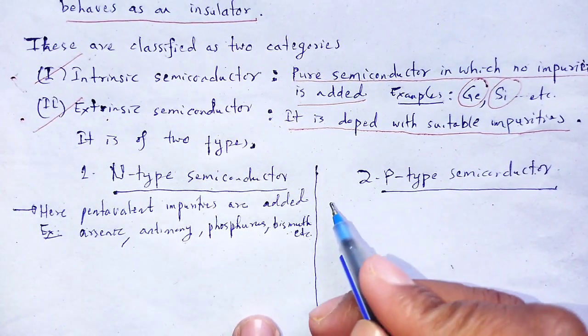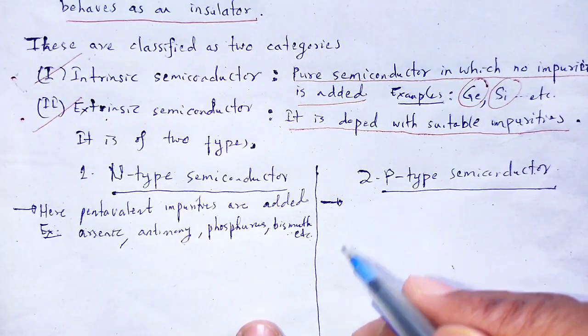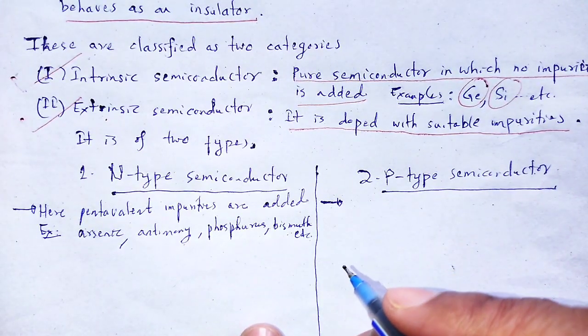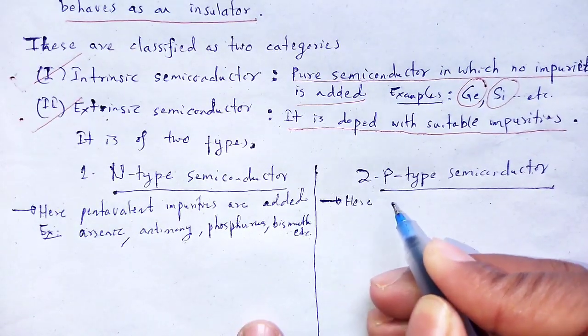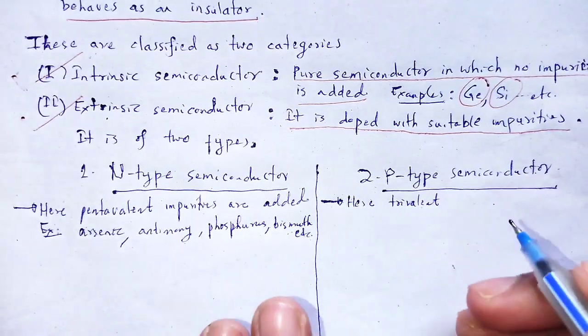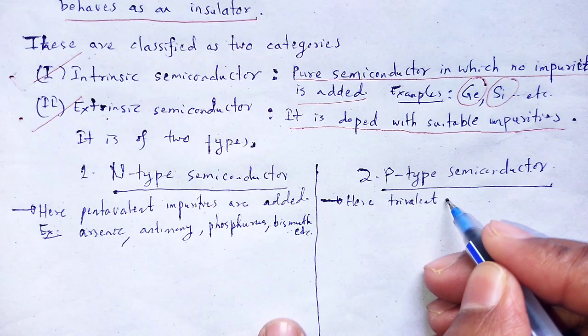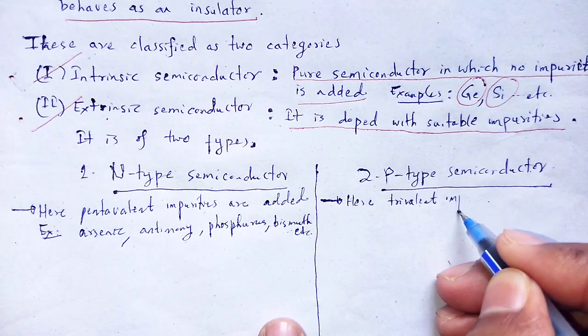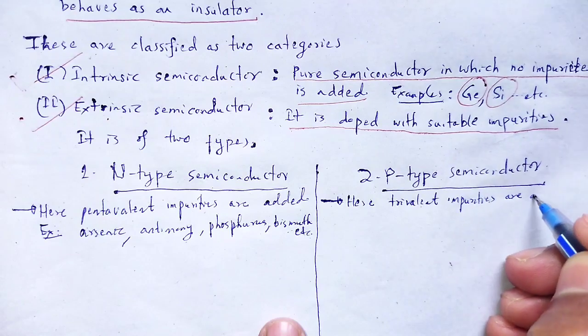In the case of a P-type semiconductor, we use trivalent impurities. Here trivalent atoms are doped as impurities, trivalent impurities are added.